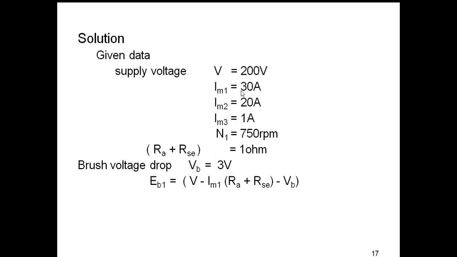From the above given data, we know all the values. If we substitute those values, we get 250 minus 30 into 1 minus 3.